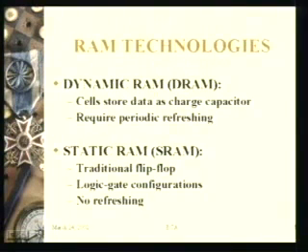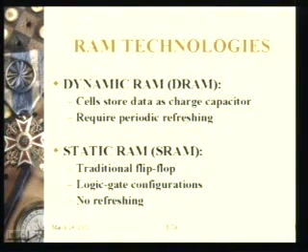Well, RAM technologies can be classified as dynamic RAM, which is called DRAMs, where cells store data as charge in a capacitor. Now this is the technology that requires periodic refreshing. If we don't want to deal with these two details, what we need to know is DRAMs are slower. However, they are cheaper, and that's why you go for very huge DRAMs, and this is what is your main memory.